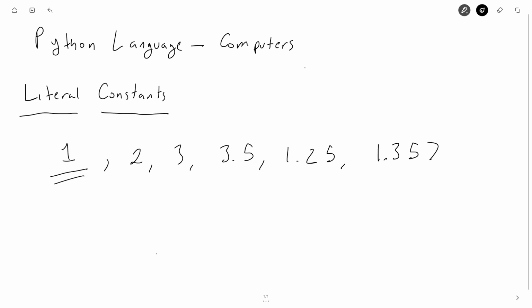You also have things like 5.25 e to the negative 4, or something like 73.77 e to the 10.